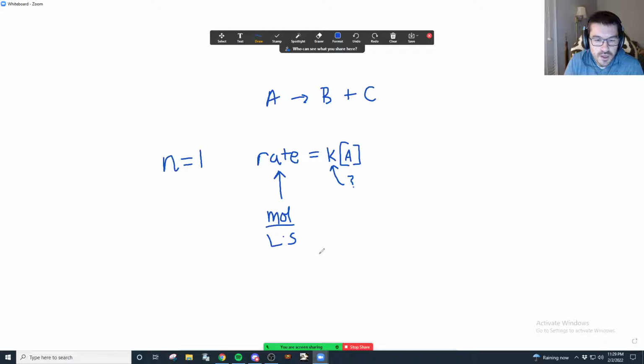Now I'm going to set up down here a sort of analogous equation. This symbol, the reactant inside of brackets, means concentration of A.